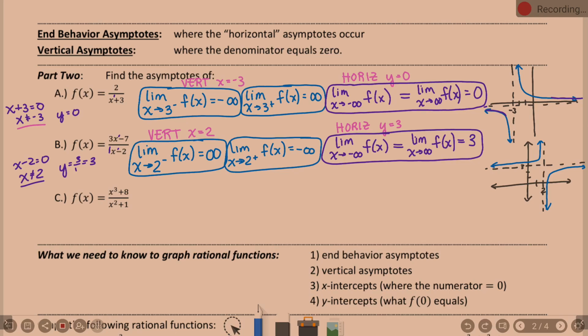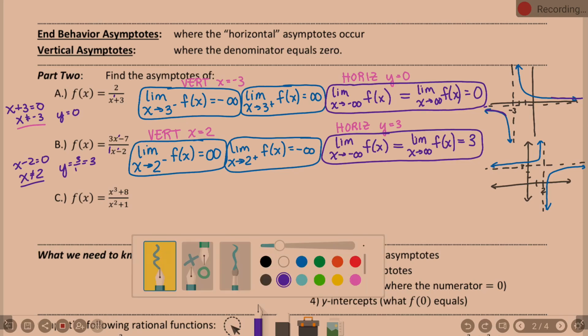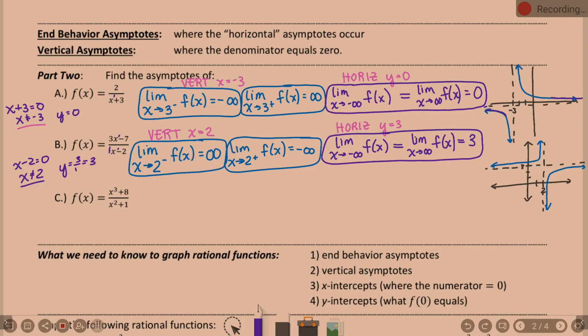Okay. Let's look at C real quick. C is a different beast. We've got to throw it in. Okay. C, what do you know just eyeballing this? This is bigger power on top. Okay. He skipped to the vertical and said, I'm going straight to horizontal. Fair enough. Bigger power on top. Do you guys remember what the rule is for bigger power on top?